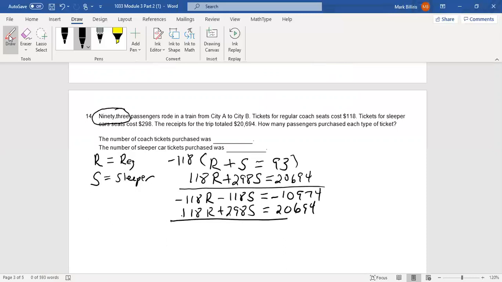So now I'm going to add the two equations together. So negative 118R and positive 118R will cancel out, exactly what I wanted it to do. Then I'm going to add the negative 118 to the 298, and that's going to give me 180S. And then I'm going to take the negative 10,974 and add it to the 20,694.